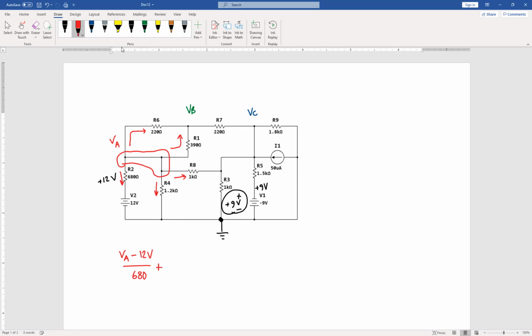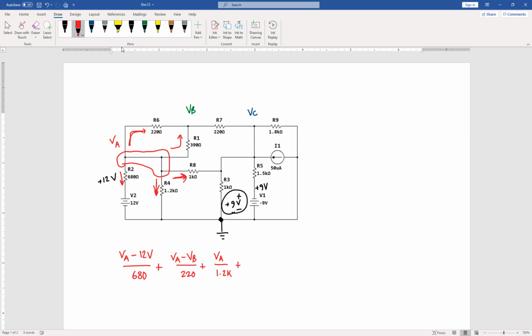And then the current going up, that is VA minus VB over 220, plus, let's say, this current going down, that one's going to be VA minus 0 over 1.2K.